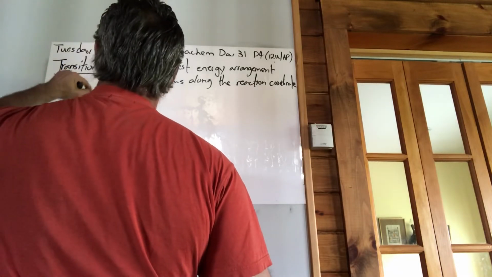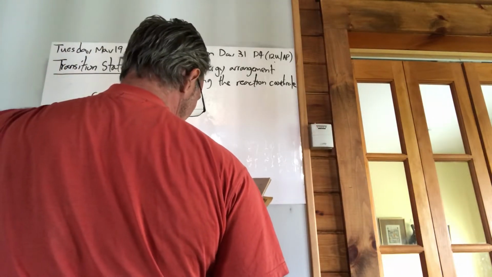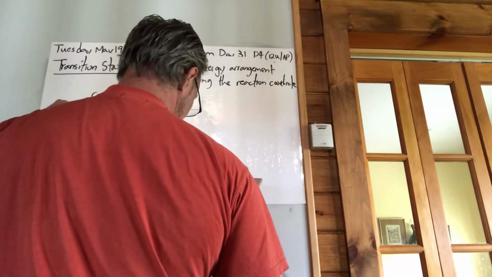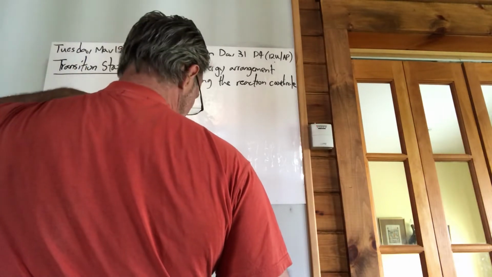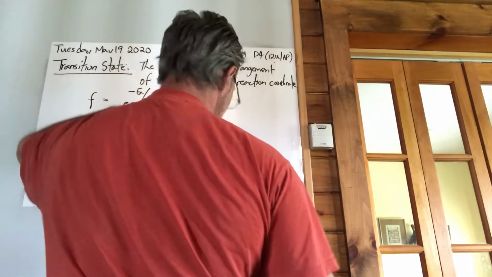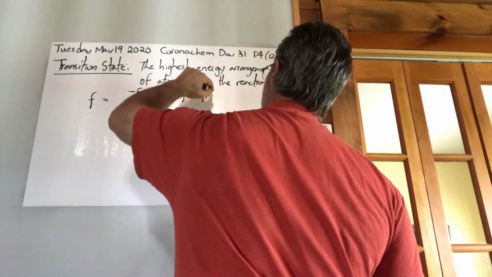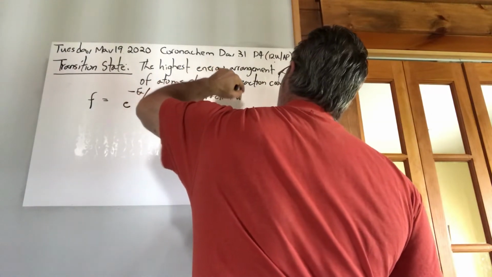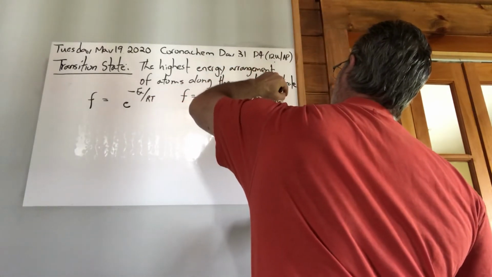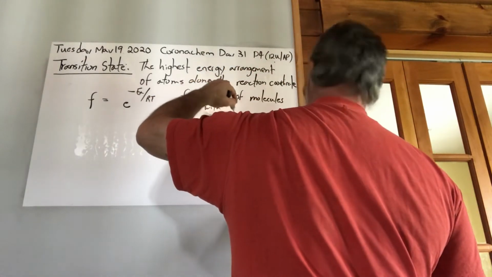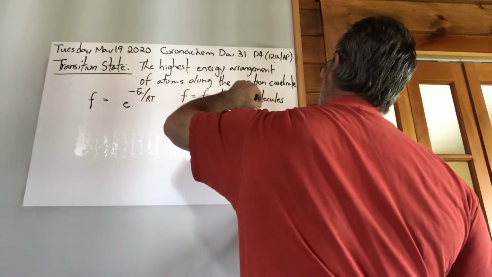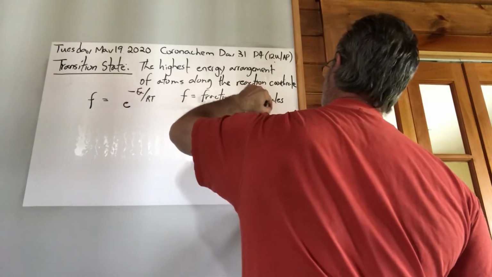So they've put a mathematical formula to this. It's called F, where F stands for the fraction of molecules with energy greater than the activation energy, and it equals e raised to the power of negative activation energy over RT. So let me write that down for you. F is equal to the fraction of molecules with energy greater than or equal to the activation energy.